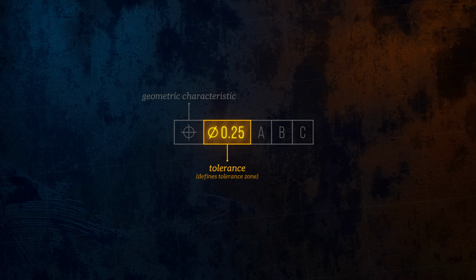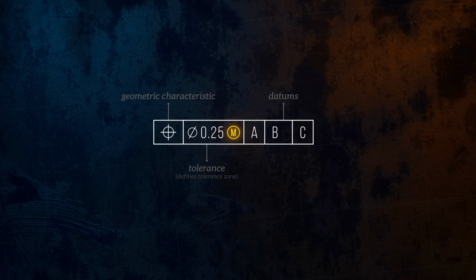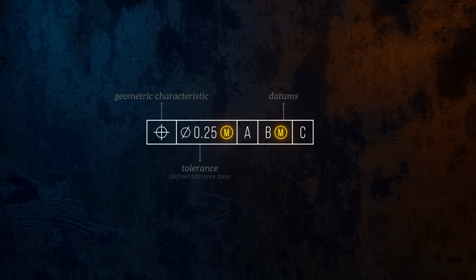Next is a series of letters that defines datums, the reference surfaces that need to be considered during inspection. And finally, modifiers can be added to either the tolerance or to the datums to get even more control over tolerancing. We'll talk about datums and modifiers in more detail later on, but first let's look at an example, starting with one of the simpler geometric characteristics, flatness.